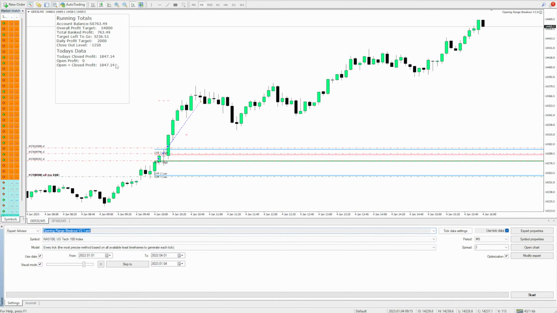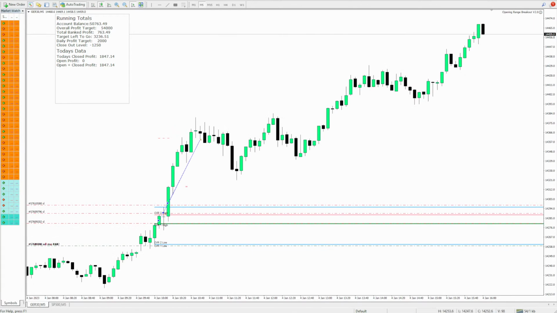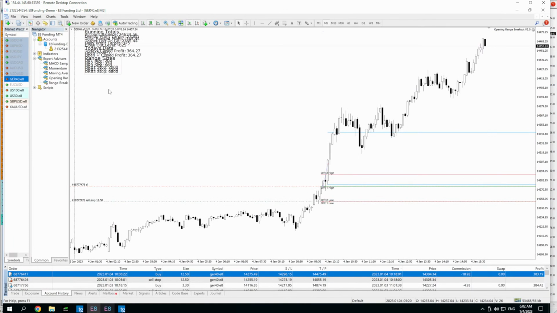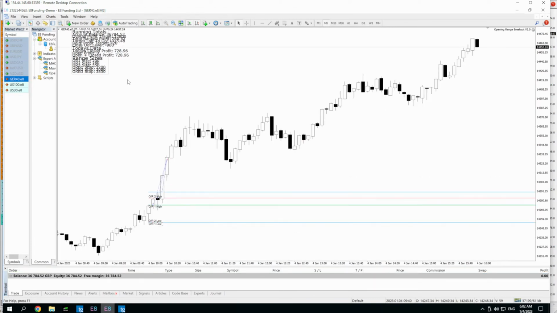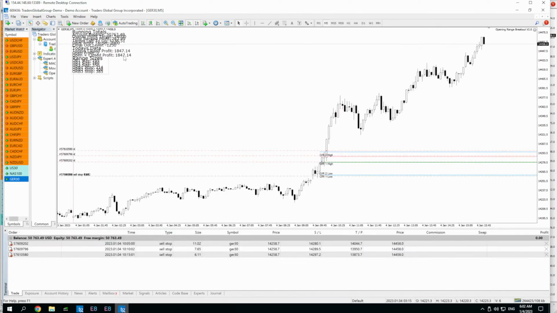So made 1,874 this morning on this account, which is 100K. Sorry, that's the wrong one. Yeah, no, sorry, that's not a VPS. So I made $364 on this account, which is a 25 grand account. Made $728 this morning on this one, which is a 36K account. This is a 100K account, and it made 1,800 this morning.